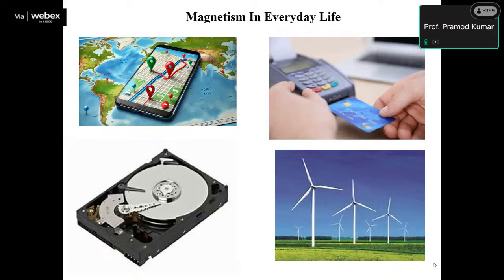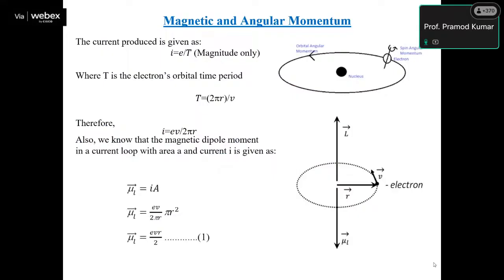Now the question is: whenever we have any material, how does this magnetic property come within that material? Let's understand at a very basic level. Suppose we have an electron of mass m and charge minus e, moving with velocity of magnitude v in a circular Bohr orbit of radius r, as you can see here. When the electron moves in the orbit, it generates a current.